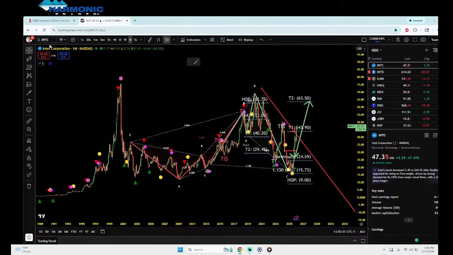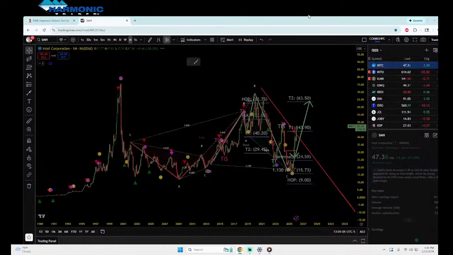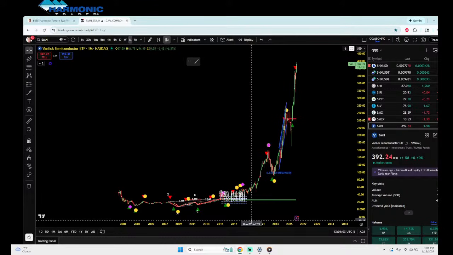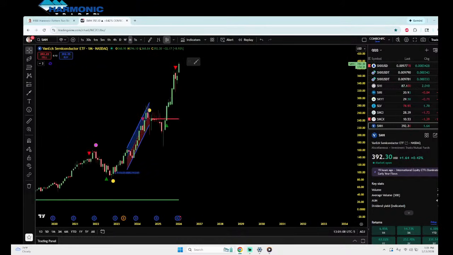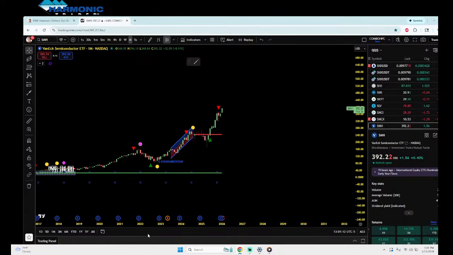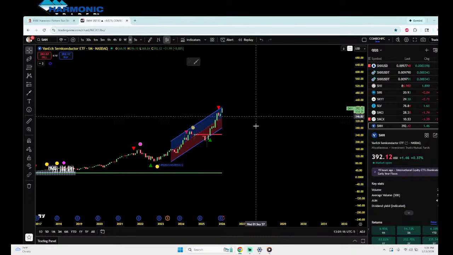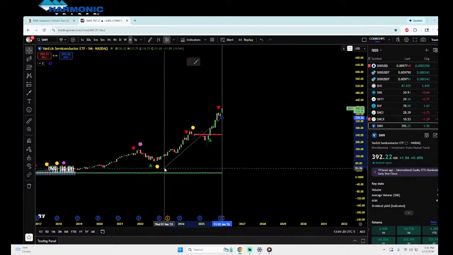Some of these others. Look, SOX index, SMH. Guys, this is just nuts. SMH is 390. 392 today. Where is that going? I mean, semiconductors, that's going to be the place to be. Where does that go? We just continue this and go to 1,000?